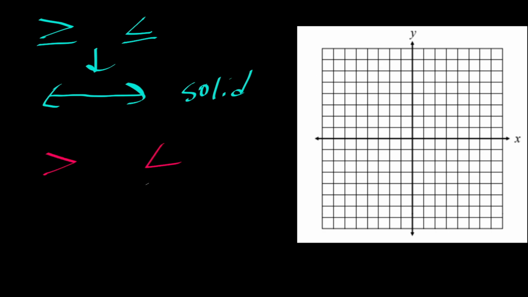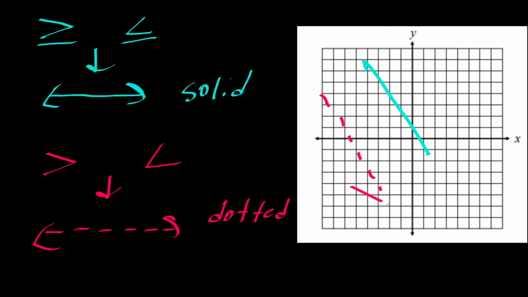Greater than or less than, you're actually going to use a dotted line, or some people say a dashed line, same thing. So dotted line. So when we make our graph and we graph our line, if it is one of these two at the top, greater than or equal to, less than or equal to, solid line. If it's one of these at the bottom, less than or greater than, then we make a dotted line.